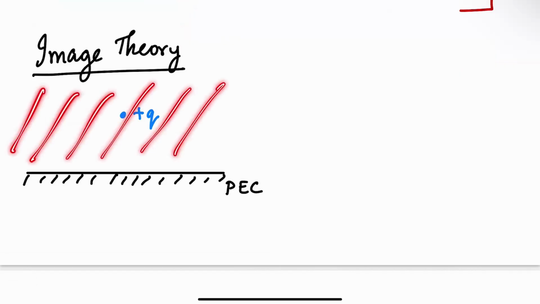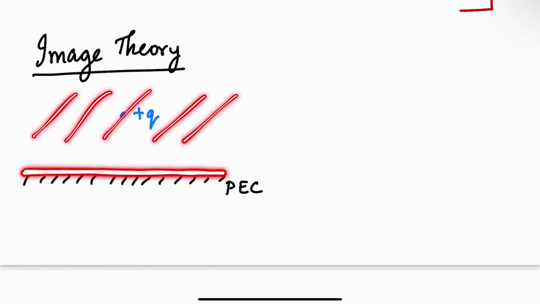Okay, so image theory says that if I have a PEC, this is a PEC surface, and I place some charge up here, some distance, then from uniqueness, we know that if I look at the upper half space, if the boundary fields are the same, if I maintain those, then the fields in this region are unique.